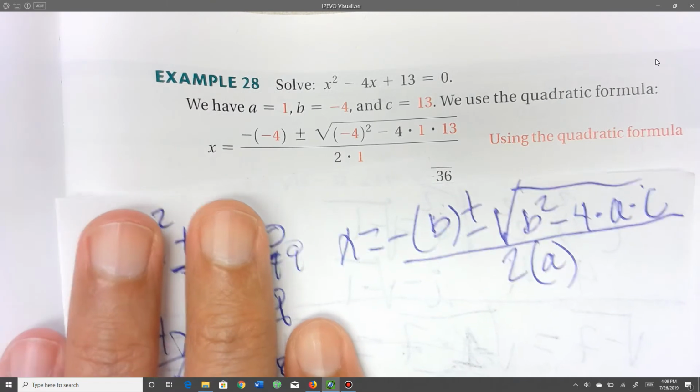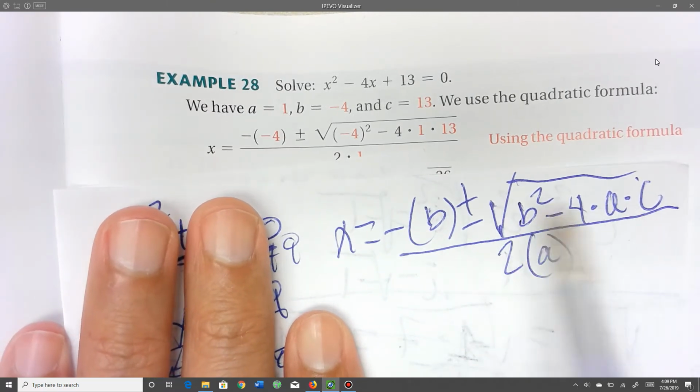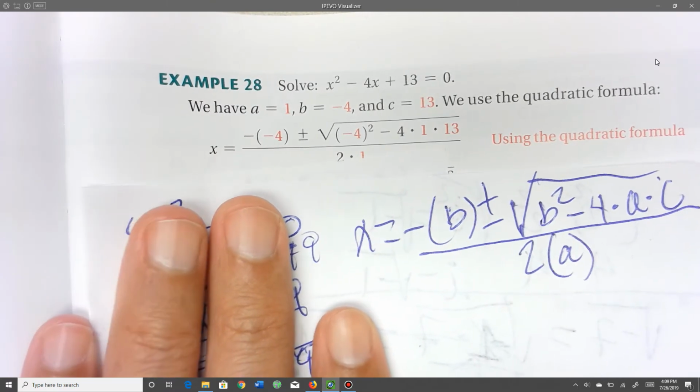So that's the quadratic formula, in case you didn't know that.